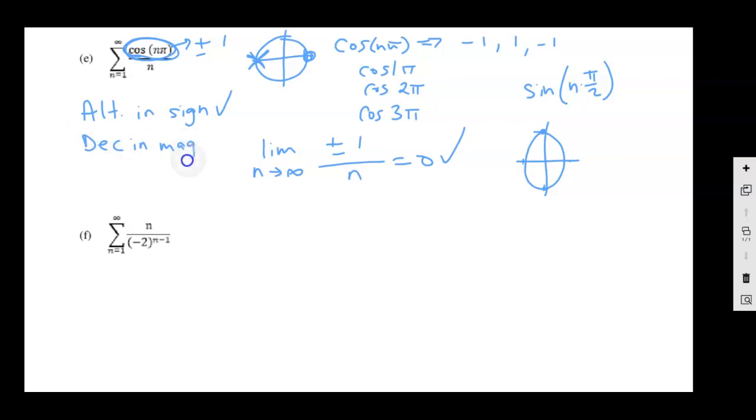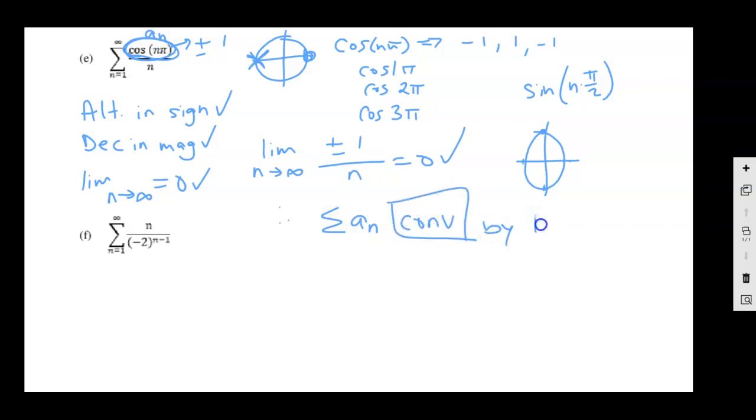You don't really need to show any other work for that. And it does have the limit as n approaches infinity equal to 0. And as long as you get check, check, check, you can say, therefore, my series, again, you should probably name it a sub n, therefore my series converges, and then cite it by the alternating series test.